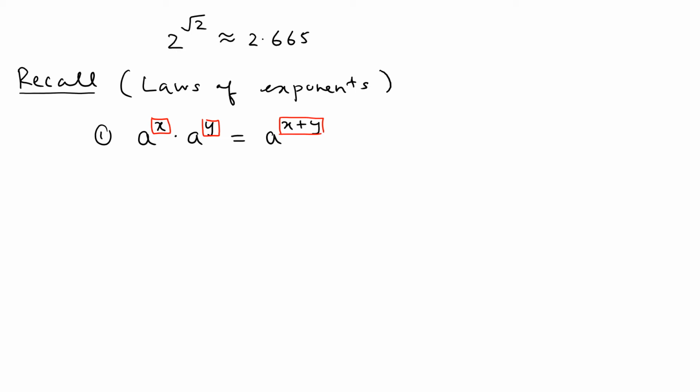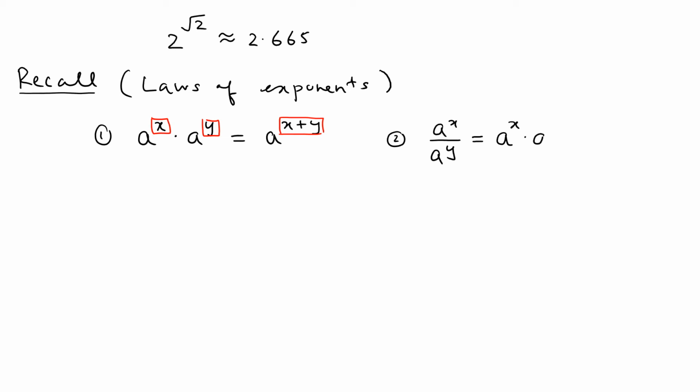And then when you divide, the second one, when you divide a to the x and a to the y, because you know that when you bring a term from numerator to denominator or denominator to numerator, it's going to change the sign of the index.